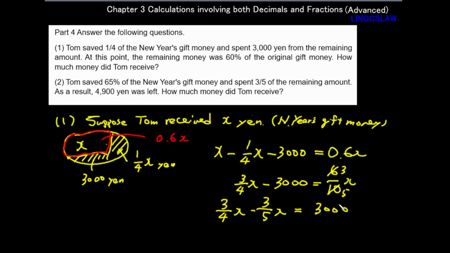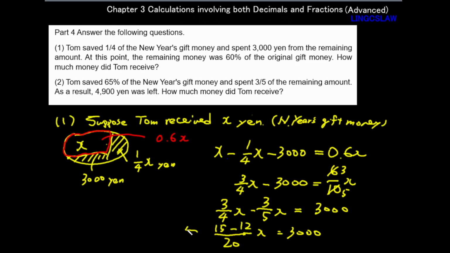You will get this one, and this will be 15/20 minus 12/20 equals 3/20. X equals 3,000, and this will be 3.